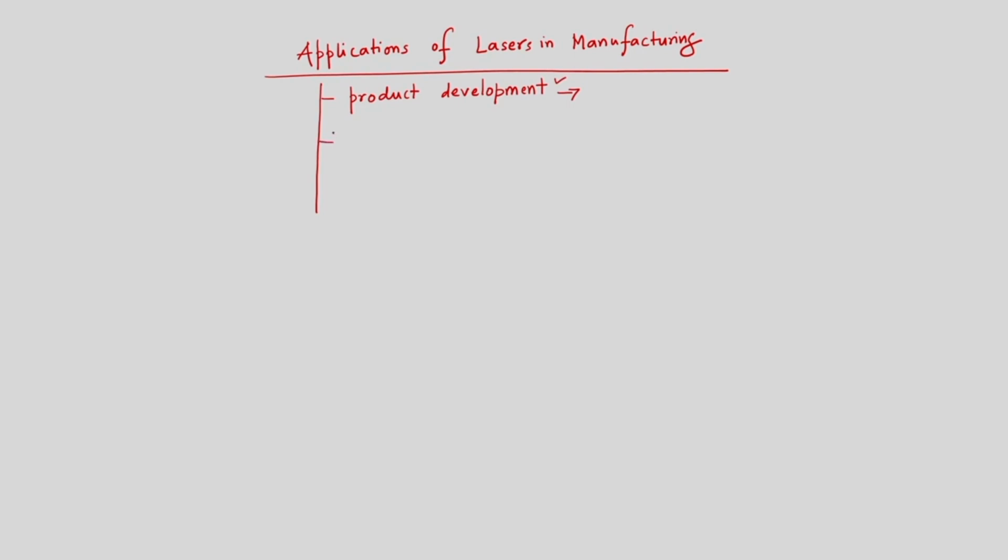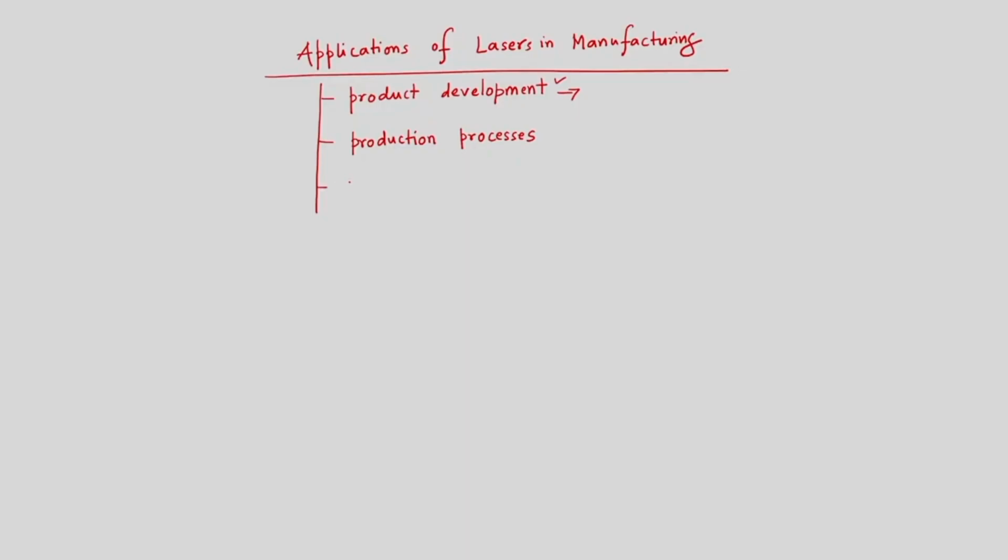The second application is the actual production processes. A variety of production processes that we have seen, such as material removal, that is ablation, then cutting operations, forming operations, welding operations. All these are production processes where lasers are widely used. Third is repair.